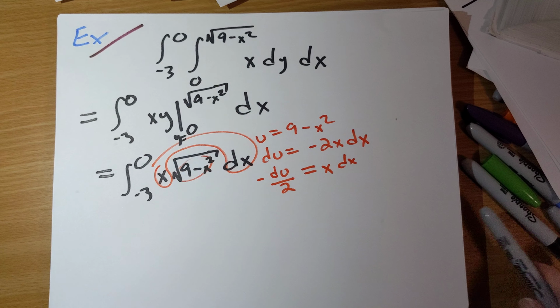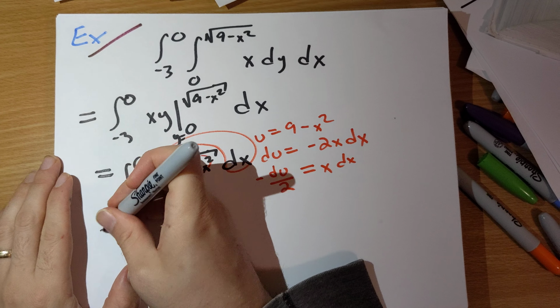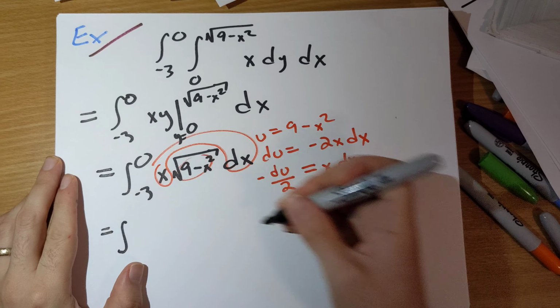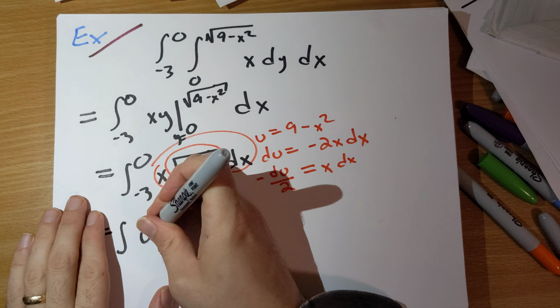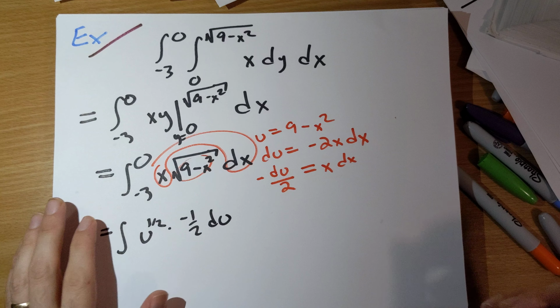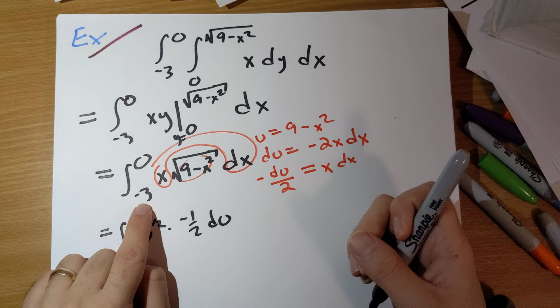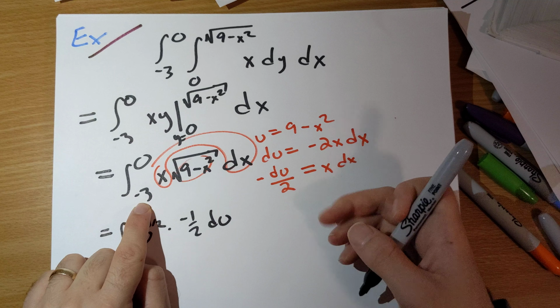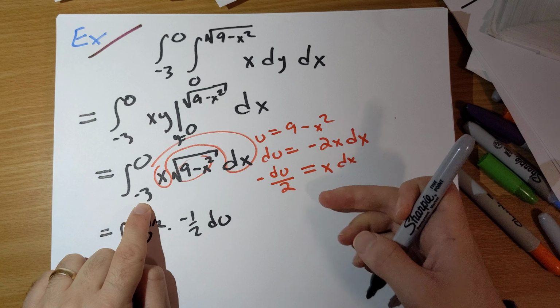So there's our negative du over 2. And we end up with u to the 1/2 times negative 1/2 du. And our bounds are now, when x is negative 3, u is 9 minus negative 3 squared, which is 0. And when x is 0, u is 9 minus 0 squared, which is 9.